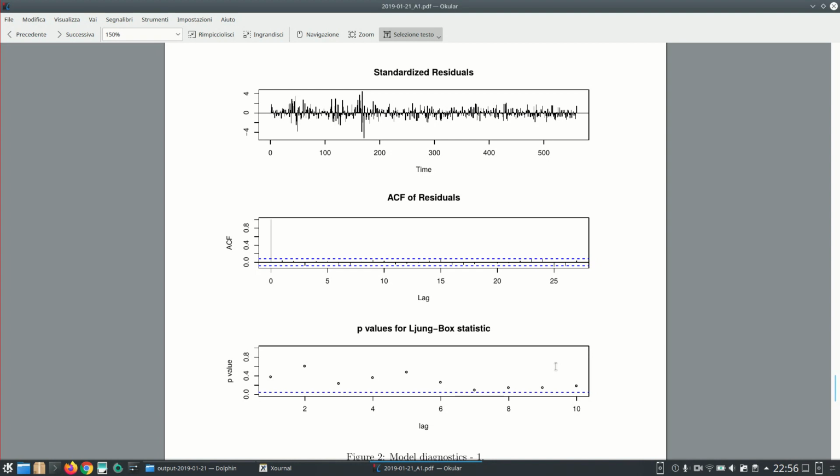You might expect that an ARMA plus GARCH model might work better. And so you might think about fitting an ARMA(1,1) with GARCH disturbances. So an ARMA(1,1) plus a GARCH(p,q) model.